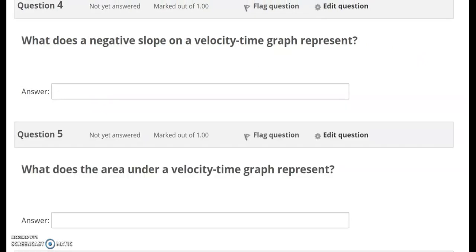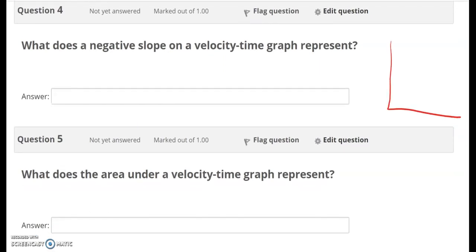In question number 4, we've got, what does a negative slope on a velocity time graph represent? So first of all, what does velocity mean? Velocity means speed. So what we have is a graph where we've got speed here, or velocity, and we'd have time here. So, a very quick sketch. If you see a shape like this, for example, this would be a flat one.